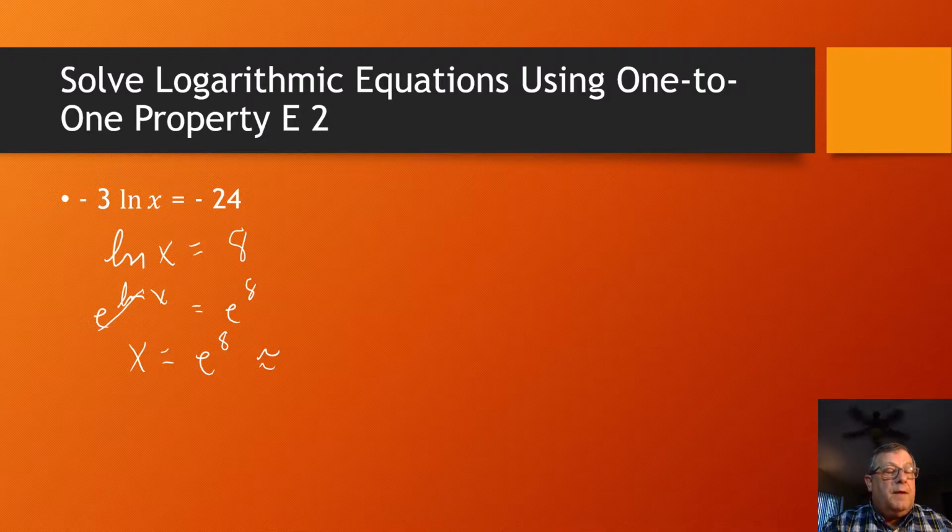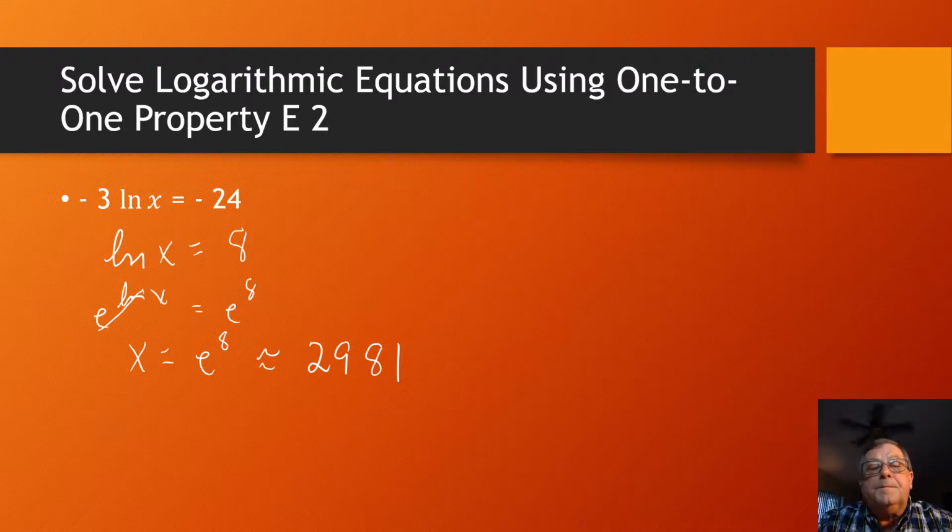If I round that to the nearest whole number, e to the 8th is approximately equal to 2,981. I encourage you to put e raised to the power of 8 in your calculator and confirm that I've given you the correct answer.